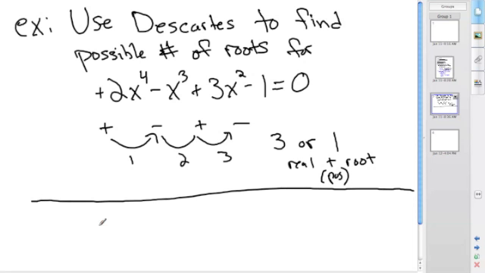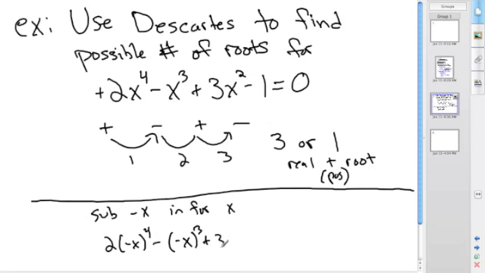And next, we have to substitute again for the negative x. So it's going to be 2 negative x to the 4th minus negative x to the 3rd plus 3 negative x squared minus 1.